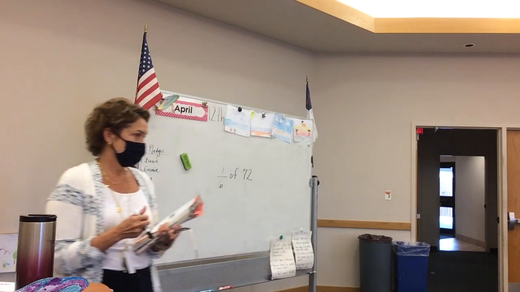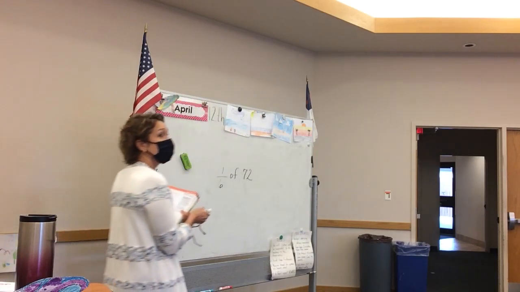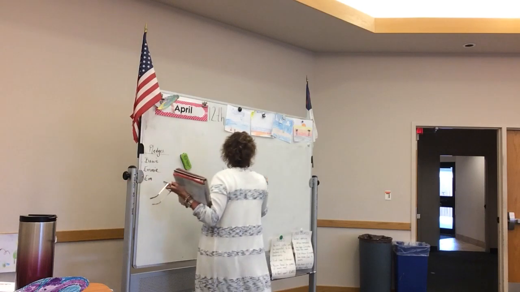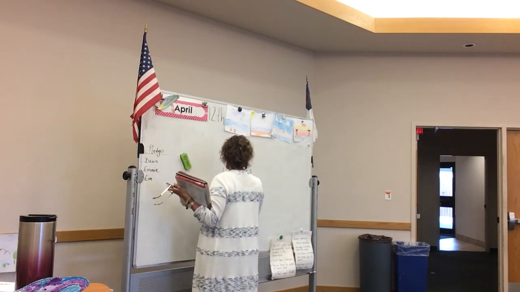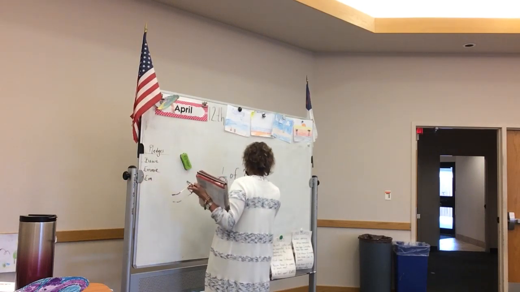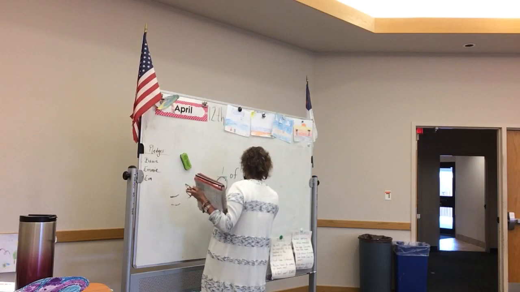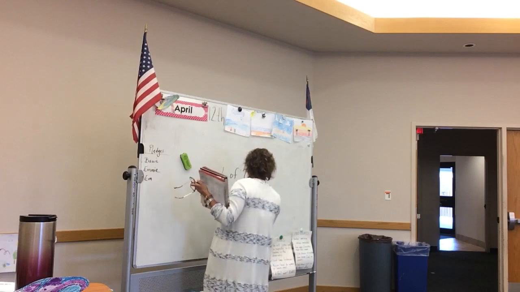Divide. Yes. Very good. All right. So Christian said you're going to take the denominator and you're going to divide it with 72, which is extremely correct. Did I write this correctly?